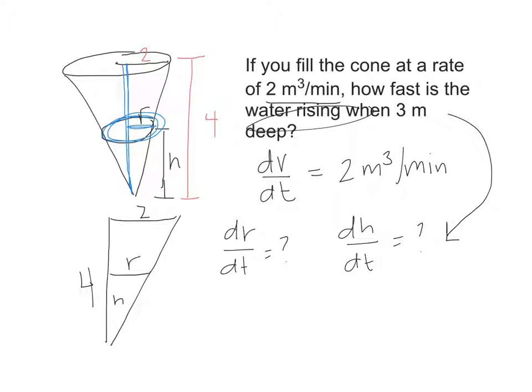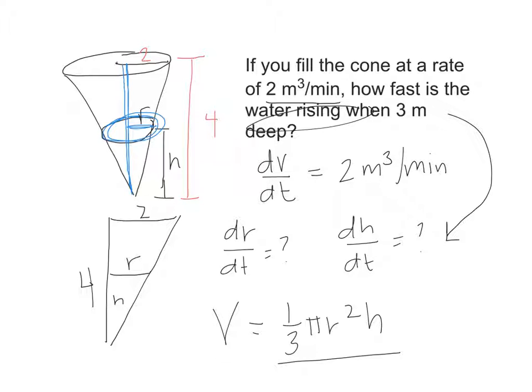I also know that the volume of a cone, for which I have the dV over dt, is 1/3 pi r squared h. So I don't have a dr by dt, and I don't have a dH by dt. So this is a similar problem to what we did in class, where if I do this implicitly, I'm going to end up with 2 rates that I don't know.